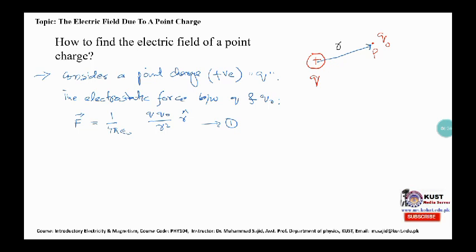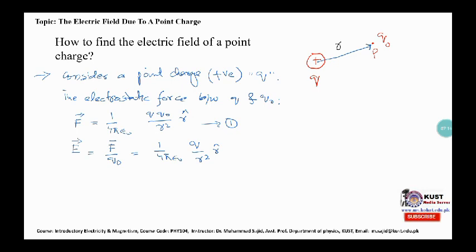And if we know the electrostatic force, then we can use the definition of the electric field. By definition, the electric field at a point is the electrostatic force per unit test charge, and if you put the value of F, you will get the relation 1/4 pi epsilon naught, Q Q naught will cancel out and you will get r squared r.